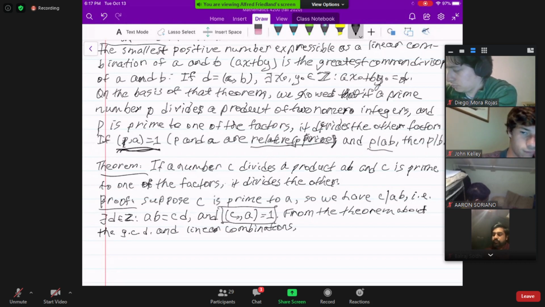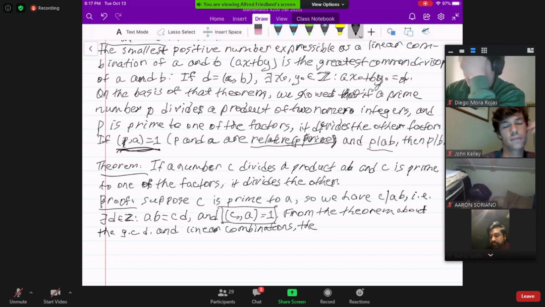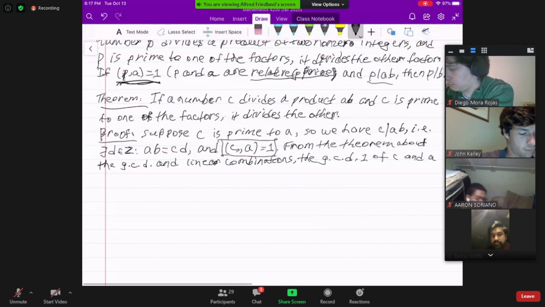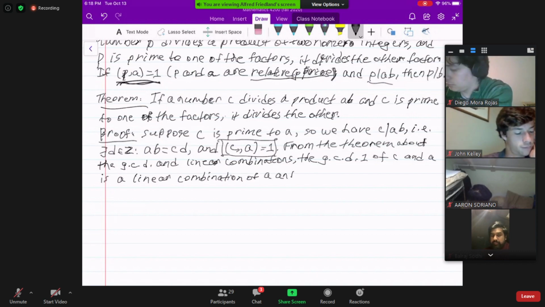And so 1 is expressible as a linear combination of A and C. So AX plus CY equals 1.